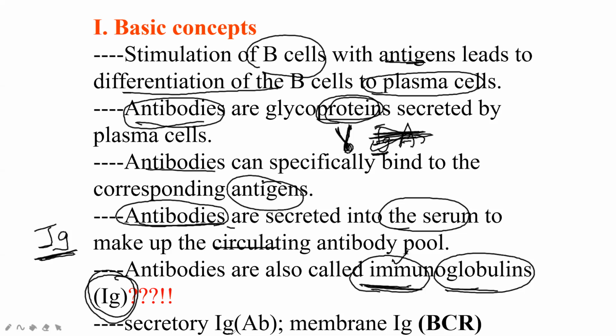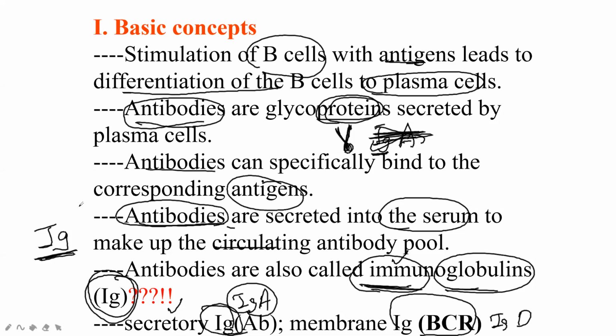Secretory Ig, immunoglobulin; membrane Ig, B cell receptor. Some are secretory. Which one is secretory? IgA, keep in mind. And some antibodies act like a B cell receptor. Which one? IgD. IgD here, and the secretory one is IgA.